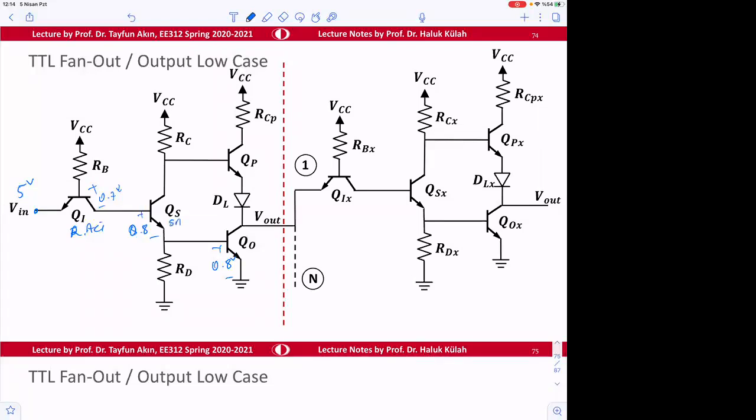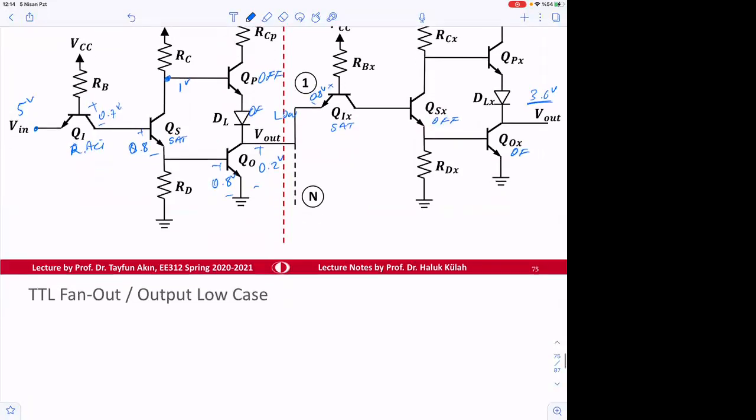The state of this is SAT. This is 1 volt. And then these are off. This is off. Since this is in saturation, this is 0.2 volt. Since this is 0.2 volt, this junction is on. And this is going to be 0.8 volt because this transistor will be in SAT. And then this is going to be off. Output here is going to be 3.6 volt. Okay, so low output and high output here. And that's it.